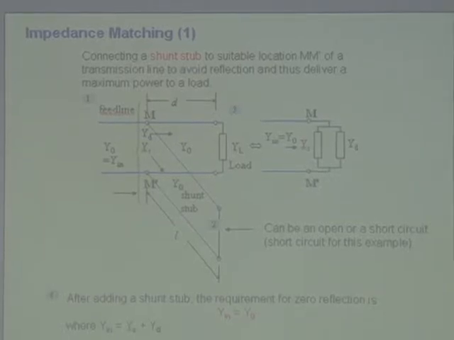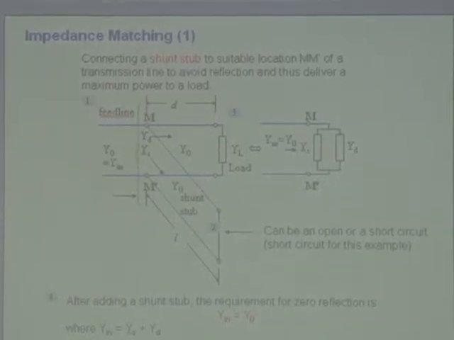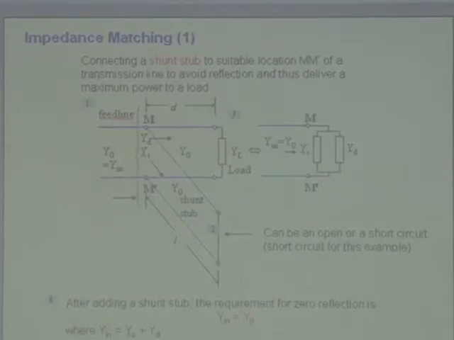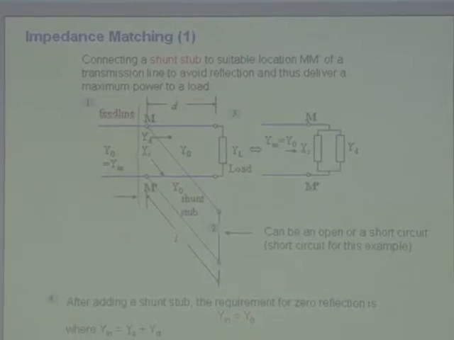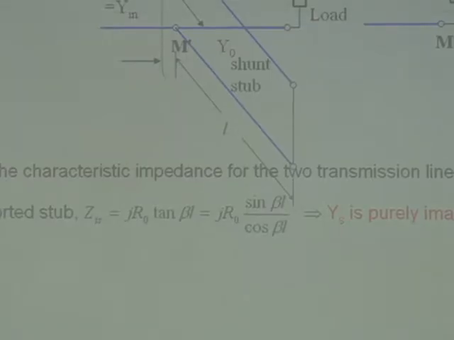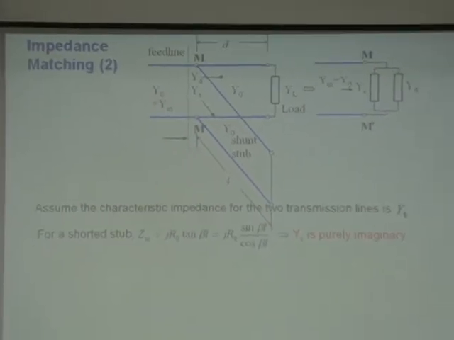That's it. Okay, but for this kind of parallel connection, it's easier to deal with admittance than dealing with impedance, because you just sum the admittance together for parallel circuit to get the total admittance. Okay. So let's look at, in general, how do we do impedance matching?